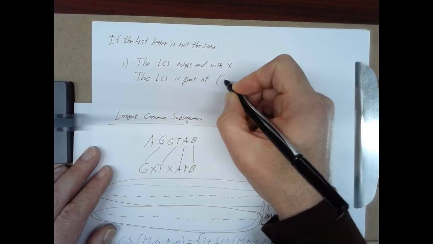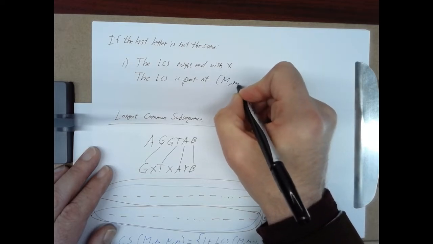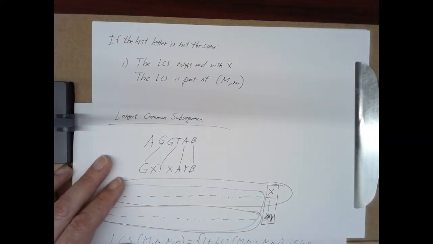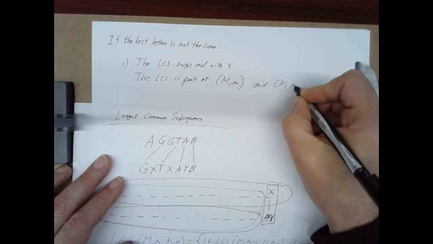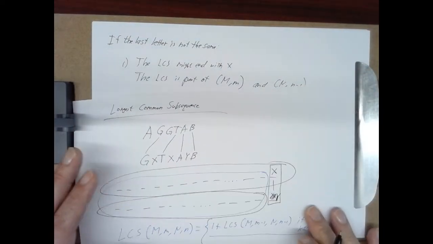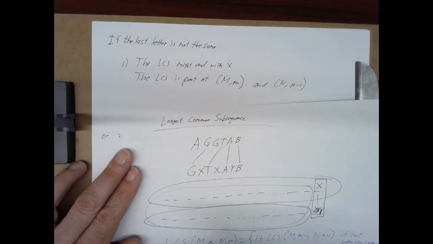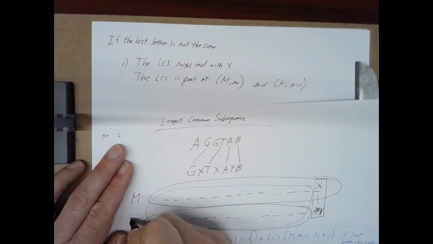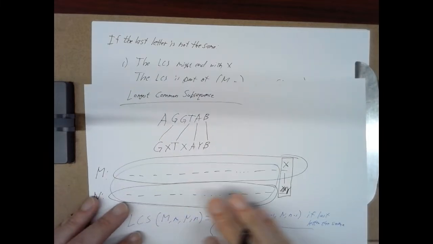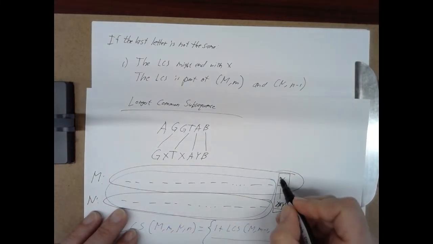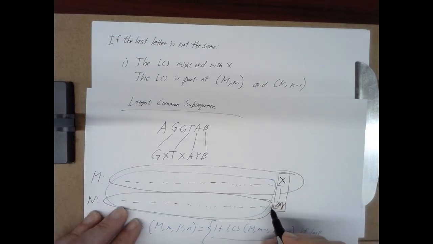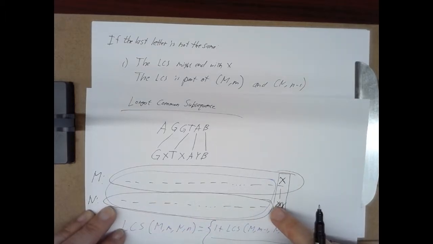So in case 1, the LCS is part of the first m characters of string m and the first n minus 1 characters of string n. So I'm saying this is m and this is n. Right? So if our common subsequence ends with this letter x, it's got to be a subsequence of this smaller version of n.